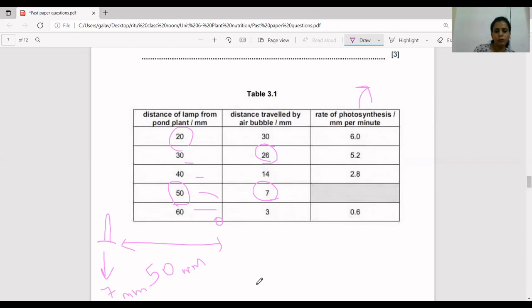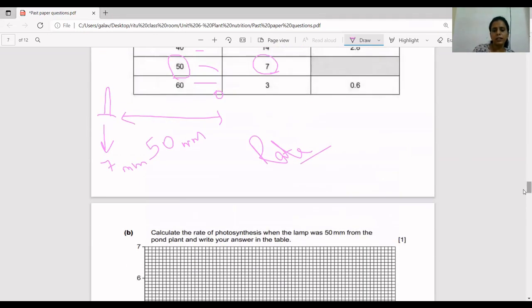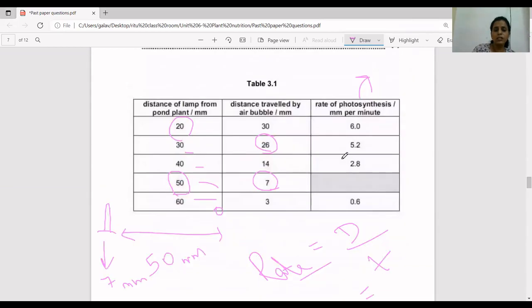Now you have to find out the rate of photosynthesis. As you have studied in physics, rate is nothing but speed, and we know the formula of speed: speed is distance upon time. Now here you have to talk about the distance of the air bubble and not the distance of the lamp.